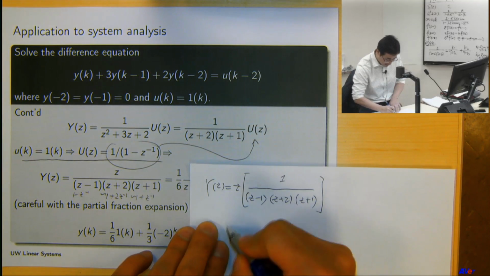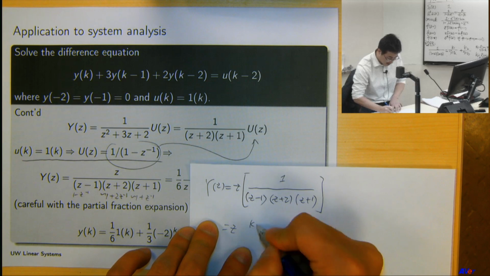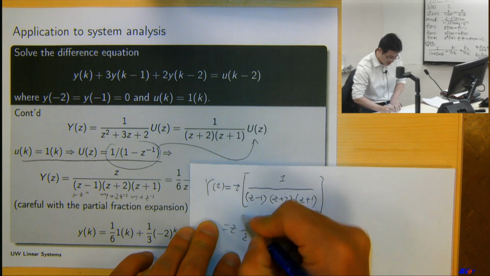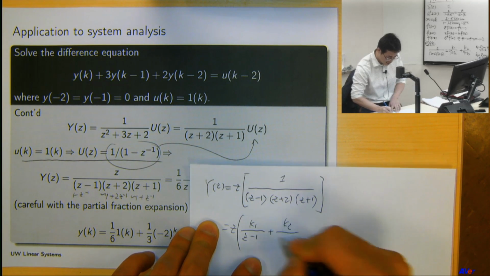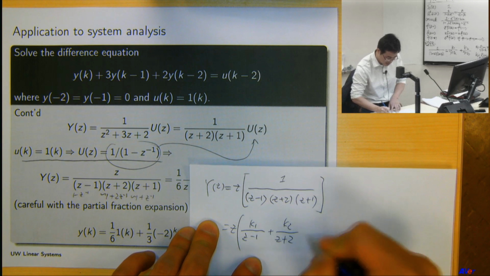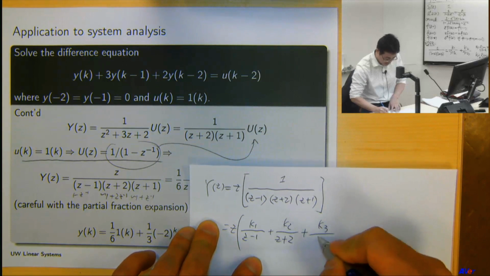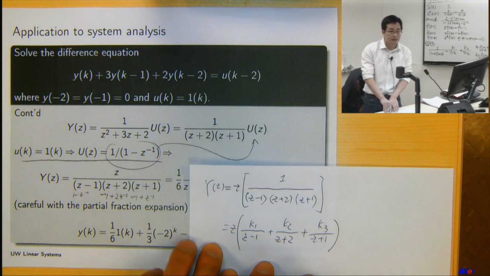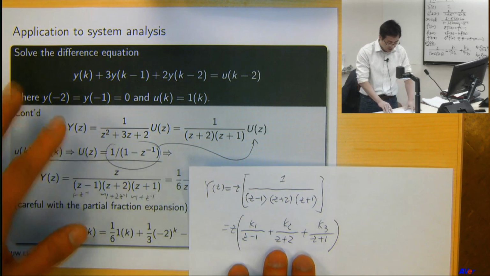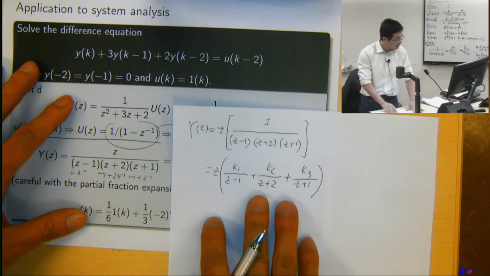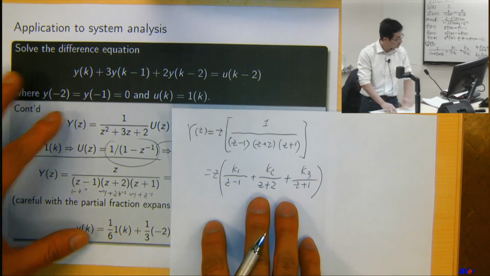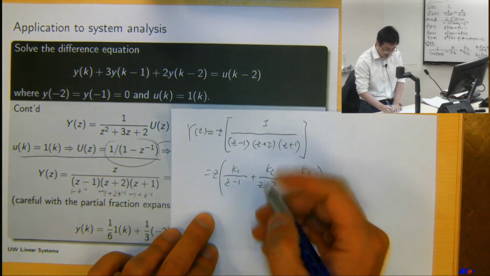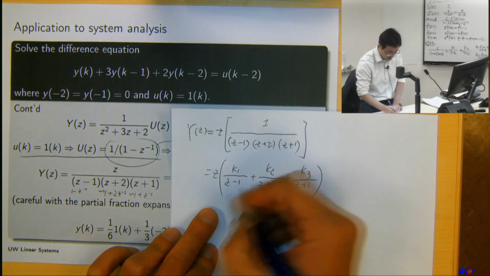So we can let it be k1 over z minus 1, k2 over z plus 2, and k3 over z plus 1. So you get the idea. And then you can use the formulas for k1, k2, k3. I will just do k1, and you will finish the remaining k2 and k3.